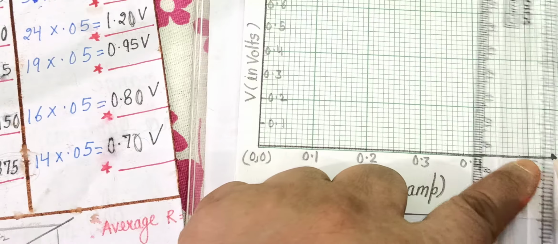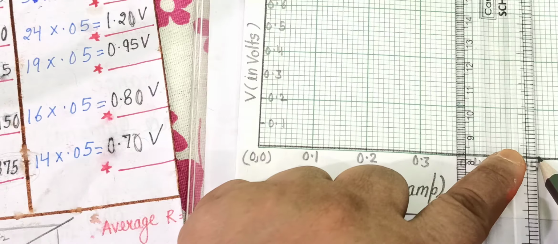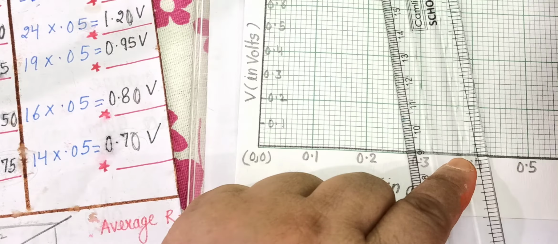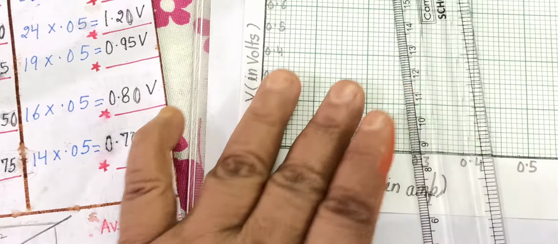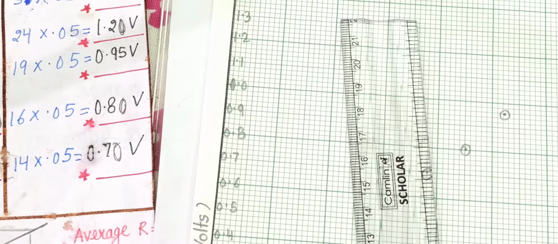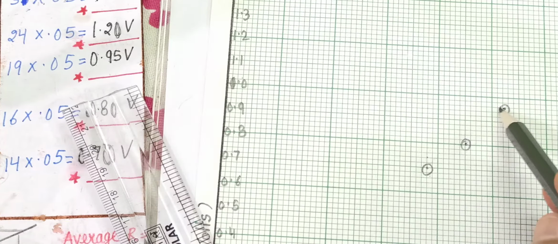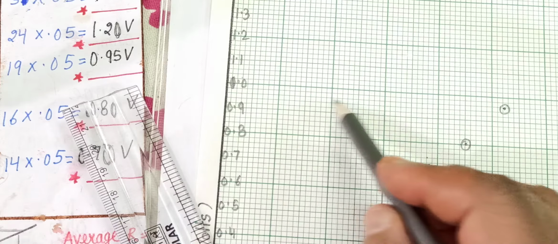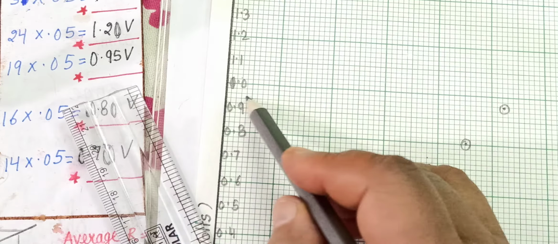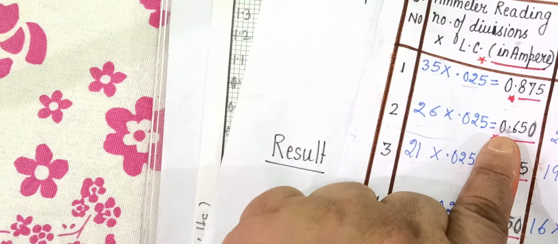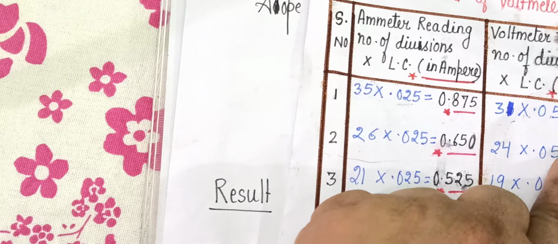0.52 with 0.96. Let me show you. 0.52 is plotted with 0.96. Right? Then next is 0.65 and 1.2.